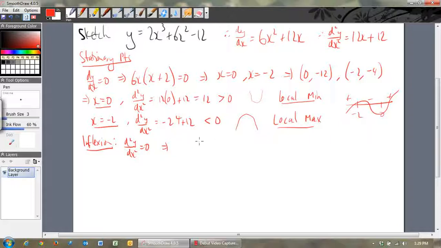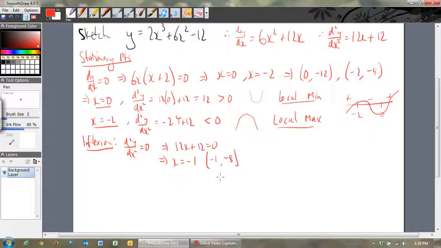So the second derivative equals 0 will be when 12x plus 12 equals 0. Therefore, you get a point when x is equal to negative 1. And that point will be negative 1 cubed is negative 1, negative 2 plus 6 is 4, 4 minus 12 is negative 8. So that's where you'll get a point of inflection.